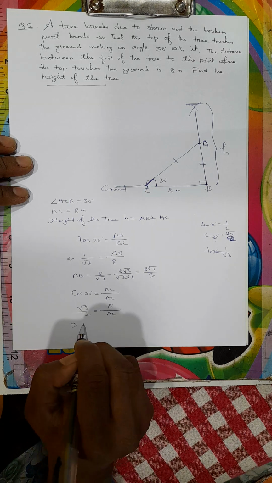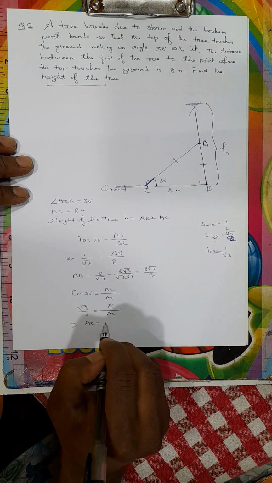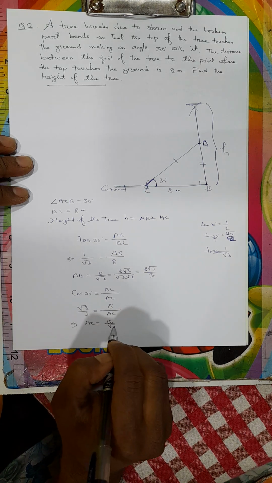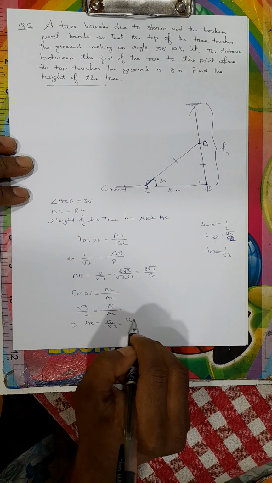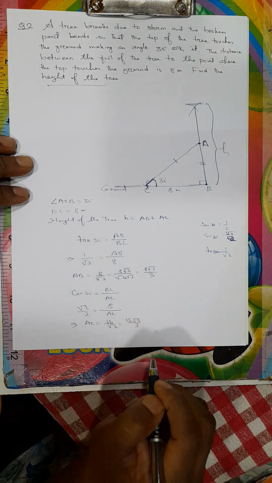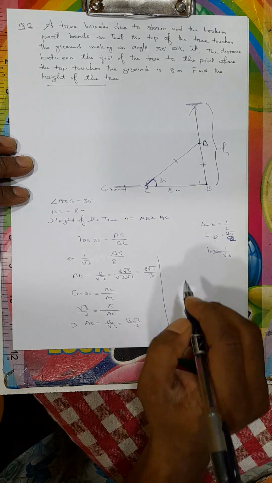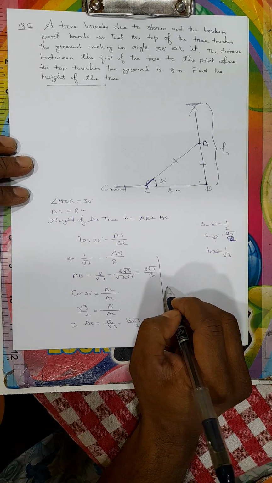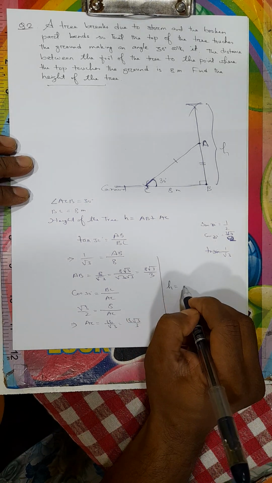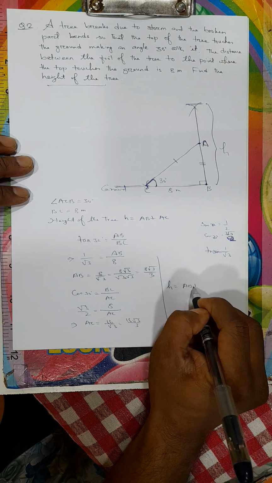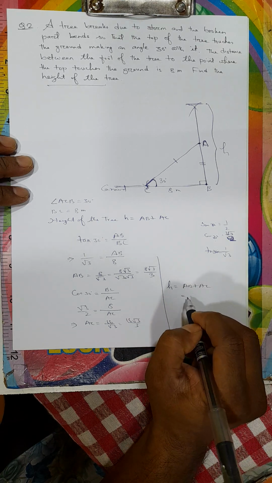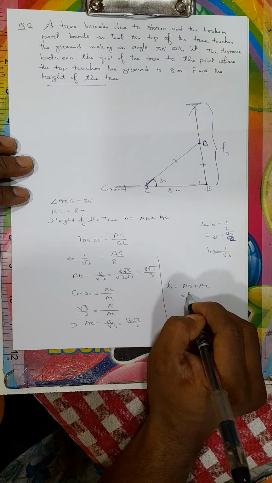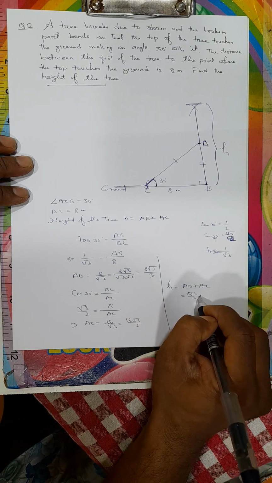So this implies that AC equals 16 divided by square root of 3, or 16 root 3 divided by 3. So you can find the height of the tree now. Therefore, H equals AB plus AC. What is AB? 8 square root of 3 divided by 3.